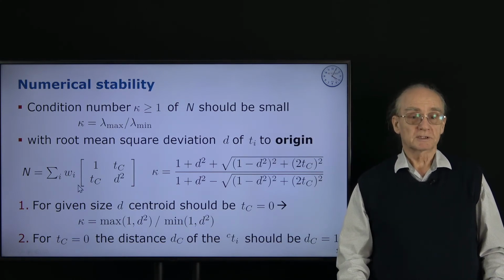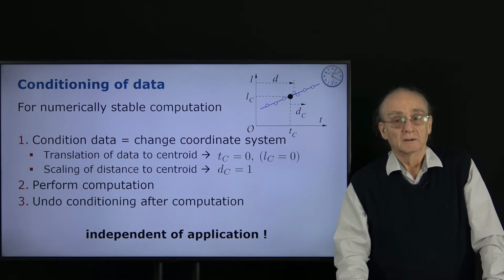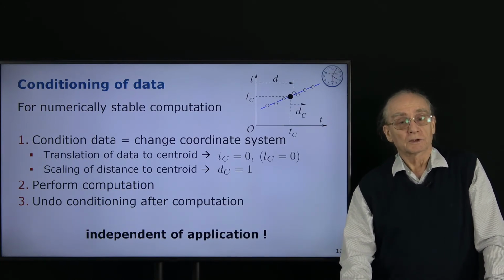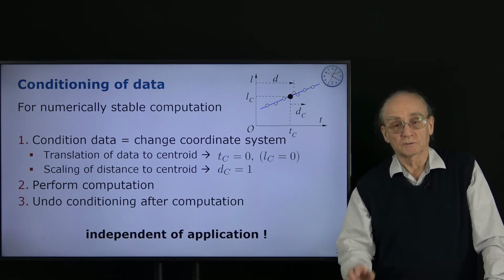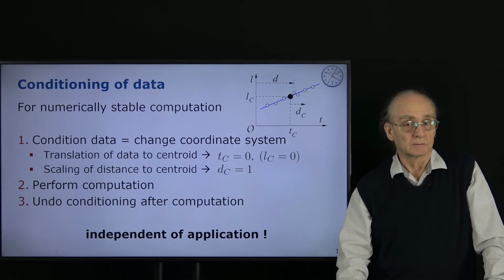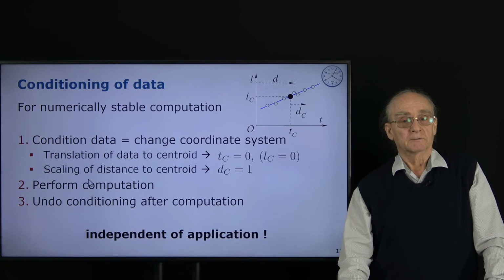And this procedure is called conditioning in numerical mathematics. It's a very common way to guarantee that if you have large systems, of course in this case you will seldom have a difficult situation, but if you have large systems, conditioning is really necessary. Conditioning actually means that you change the coordinate system of your data. So the first thing is we translate the data to their centroid.